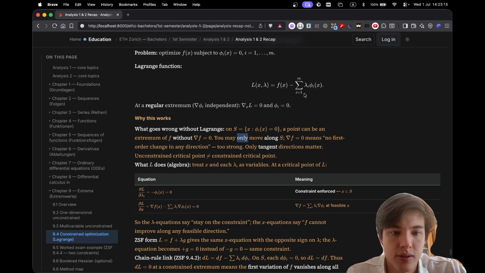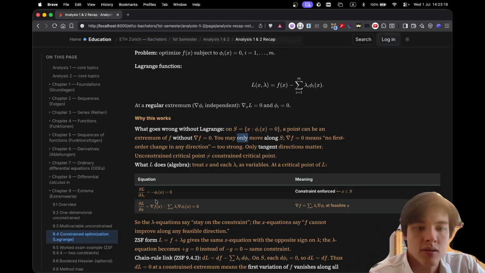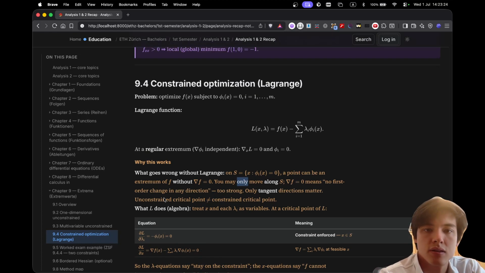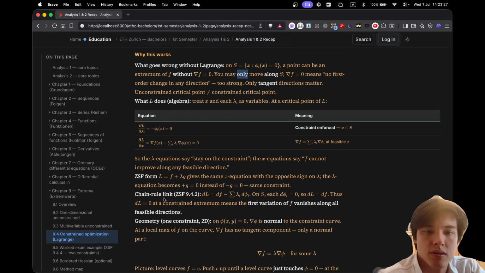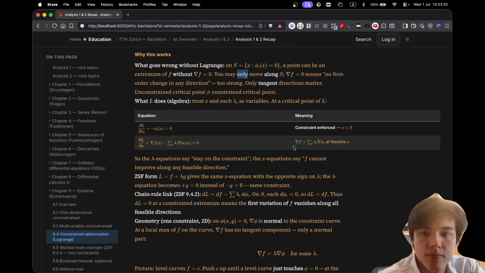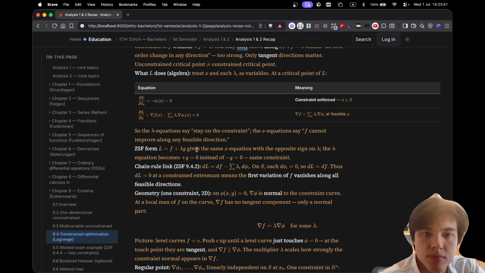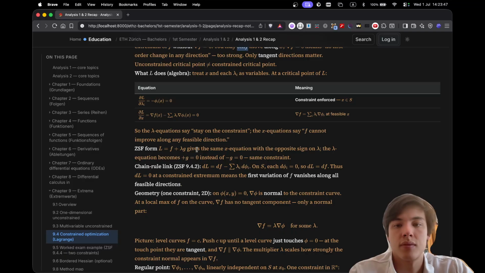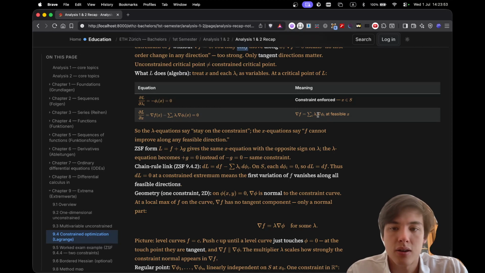So if it's lambda, so this be 0, the constraint. Oh, so we're finding the largest value basically along this curve. So it equals that, right?